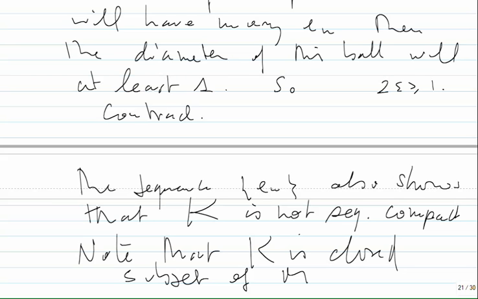So the property on the real line, which is that closed and bounded sets give us exactly the compact subsets of R, this property does not extend to any metric space.